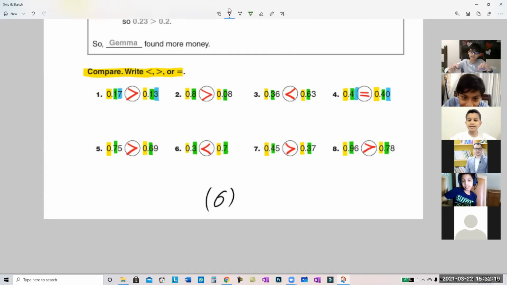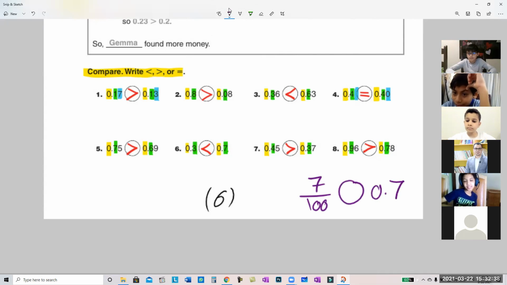Okay, great. Easy. Okay, I will give an example for the smartest one in the class. Okay, what about this? Who can tell me which is greater here? Okay, what about Faris? Yes, Faris.